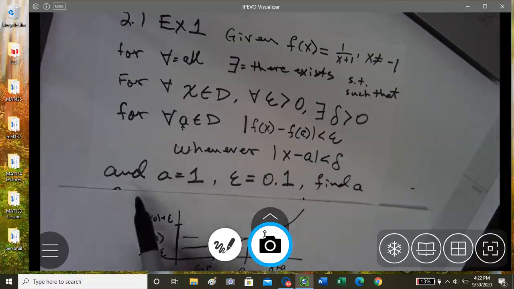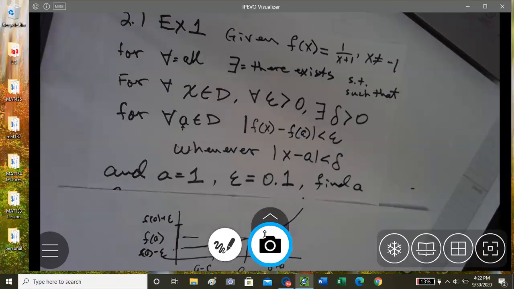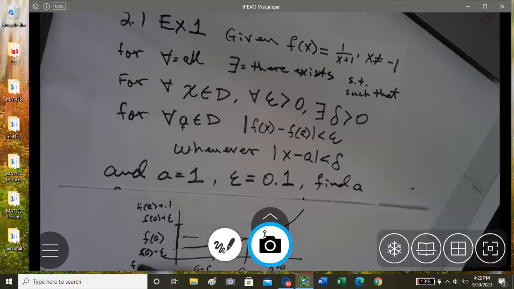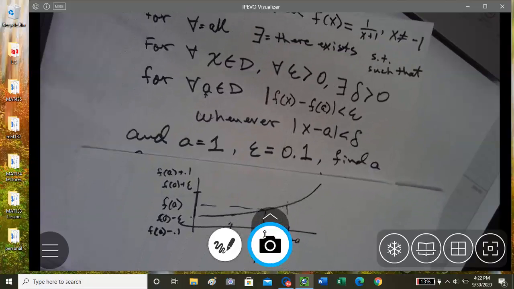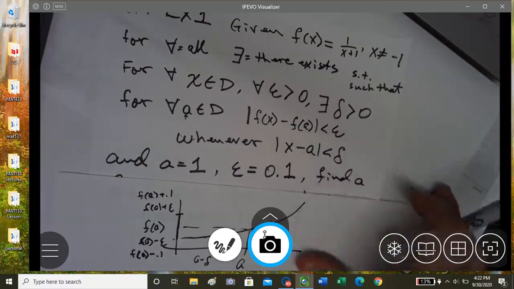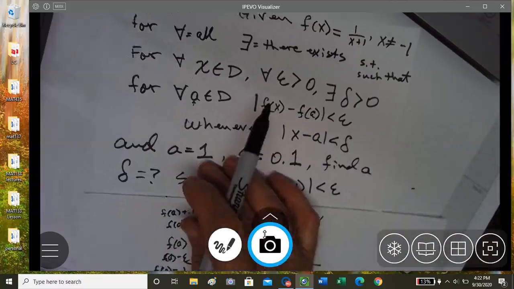All right, so we're saying a is 1, and epsilon is 0.1. So this would be f of a plus 0.1 and f of a minus 0.1. Okay, find a delta.